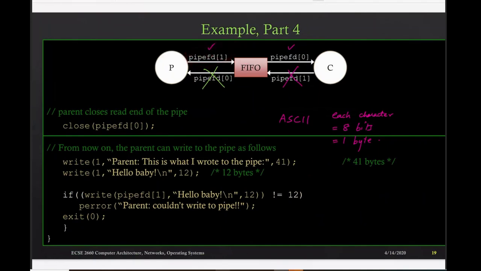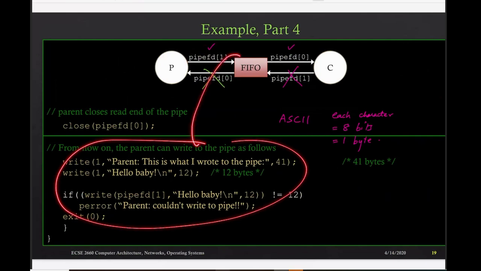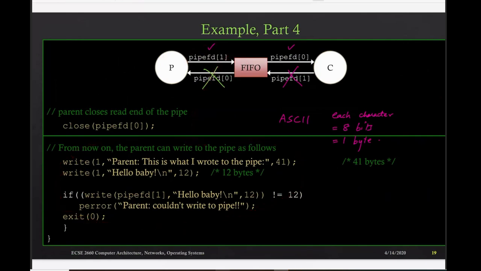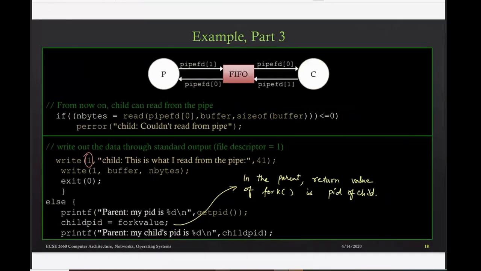So parent is writing to the buffer once, and then the child, whenever this is ready, is going to read from the buffer. So the child essentially is going to get what? It is getting hello baby, exclamation point, new line character right here.